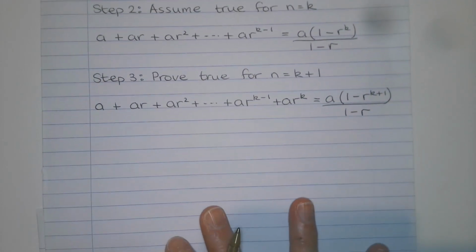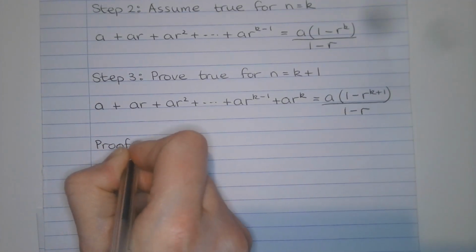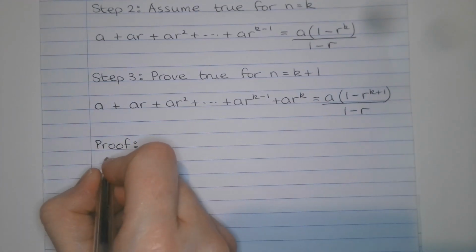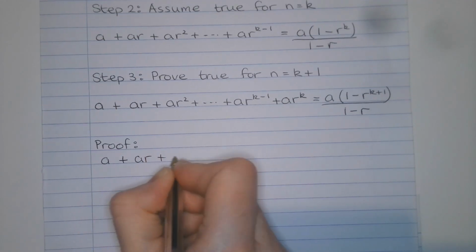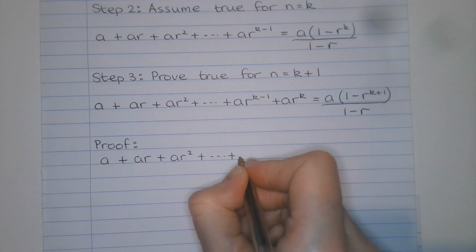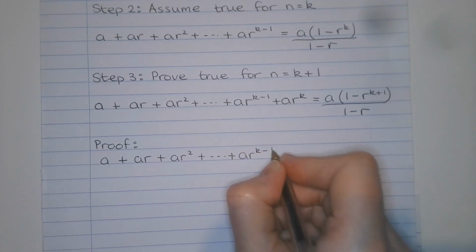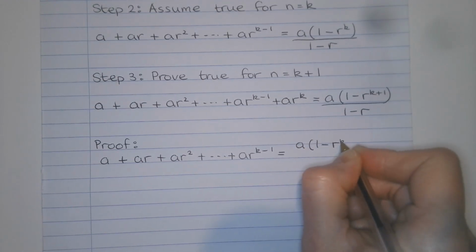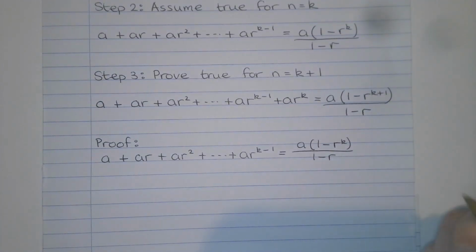So to start our proof of this, we're going to first of all start with our assumption. So our assumption was that a + ar + ar^2 plus ar^(k-1) is equal to a(1 - r^k) over 1 - r.